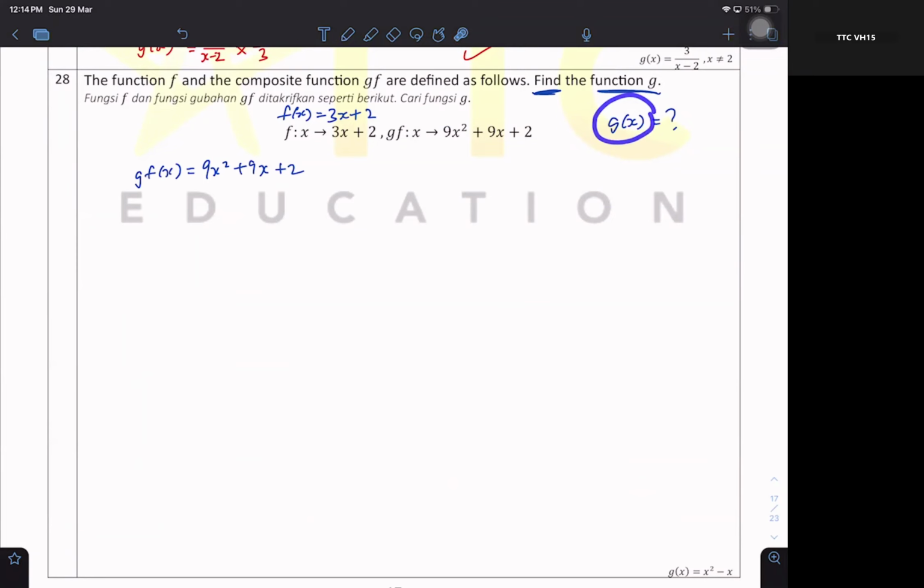Oh, asks you to find function g(x). It's on the outside, right? So what topic is this? This is to find outside, so find outside inverse. Find outside, you need to do inverse.